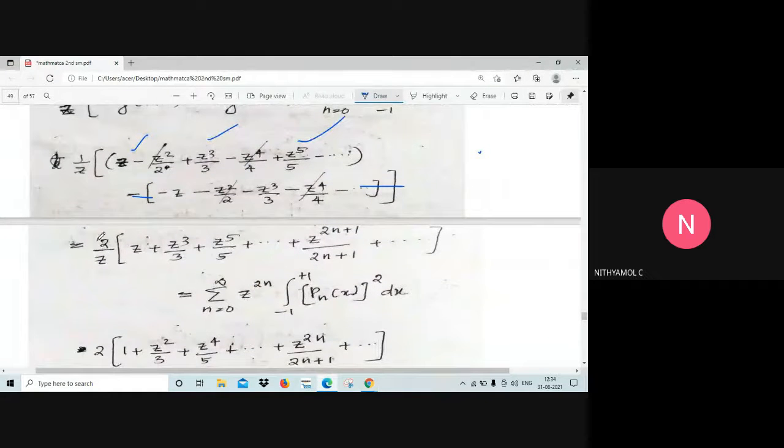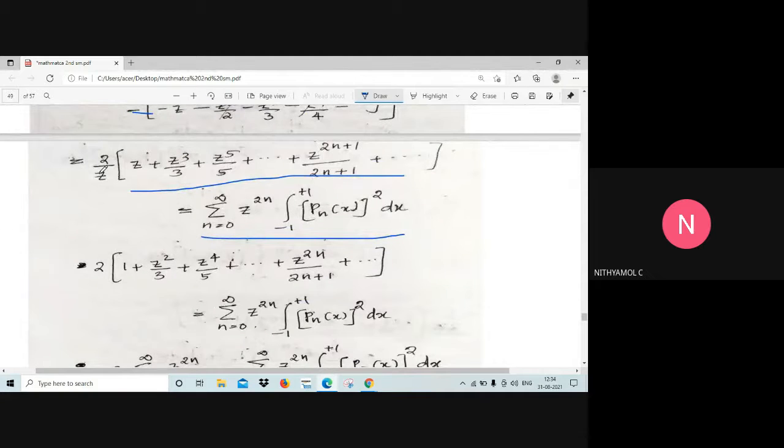So here the common term is 2 by z, then z plus z cube by 3 plus z raised to 5 by 5 plus etc., up to z raised to 2n plus 1 by 2n plus 1, etc., which is equal to this term.